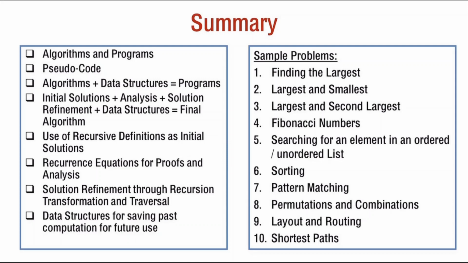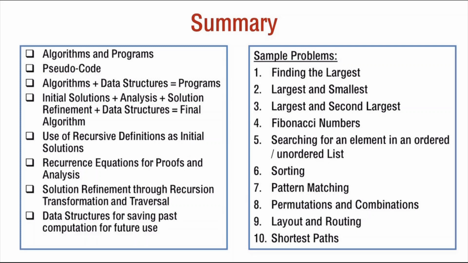We have done only the first two sample problems, the largest, and the largest and the smallest. In the largest we found that every split is of identical complexity, but when we did the same thing for the largest and the smallest, we noted that all the splits are not of identical complexity, and there are some splits which are better than the others, and that is why, choosing that appropriate split, we got an algorithm that was at least a little faster than the base algorithm.